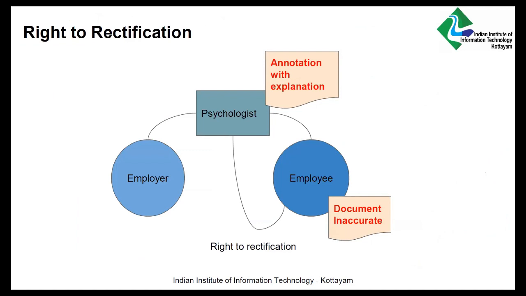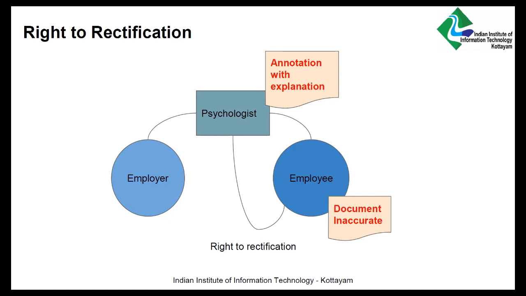This is a case study to make you understand what the right to rectification is. I said before that an individual who is giving their data to be protected has the right to rectify it. Suppose there is an employer and an employee. The employer needs to make a psychometric test on the employee.